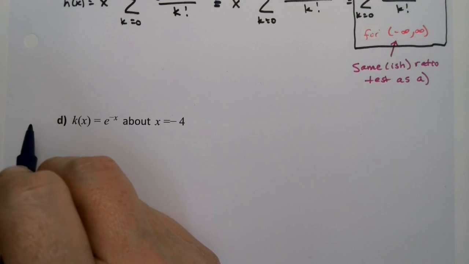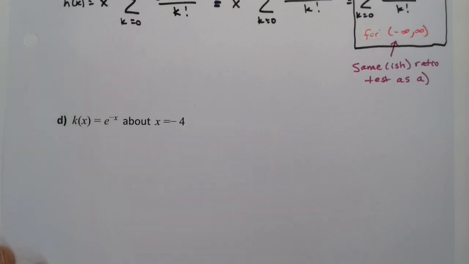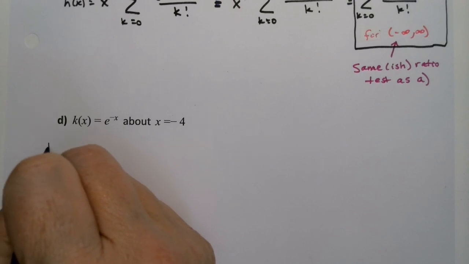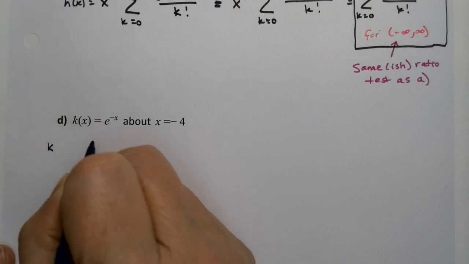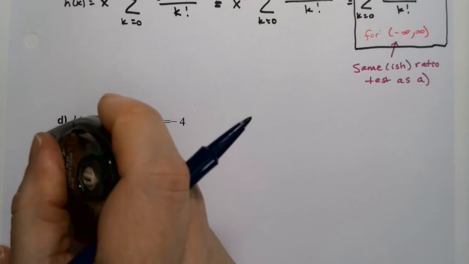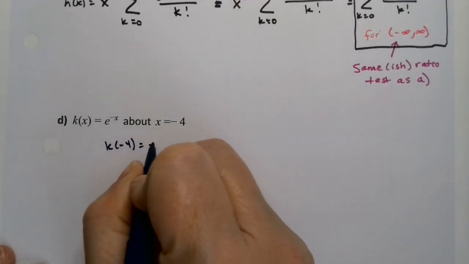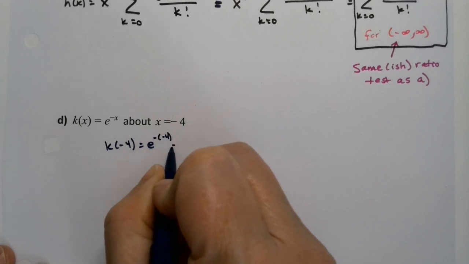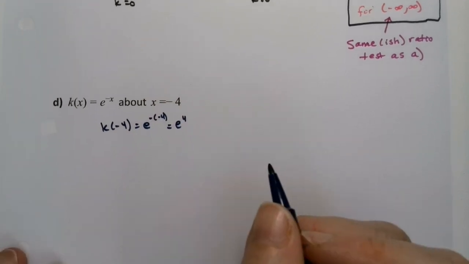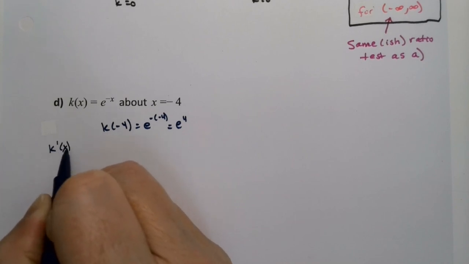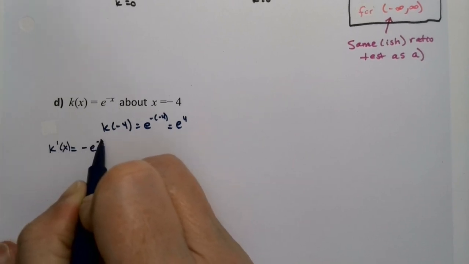So let me just go through them. Let me do k of negative 4 really quick. So k of negative 4 would be e to the negative negative 4, which is e to the 4, right? And then I have k prime of x, which would be negative e to the negative x.